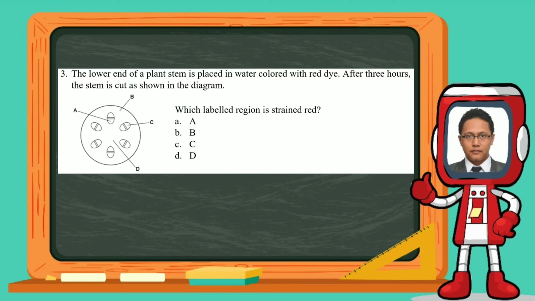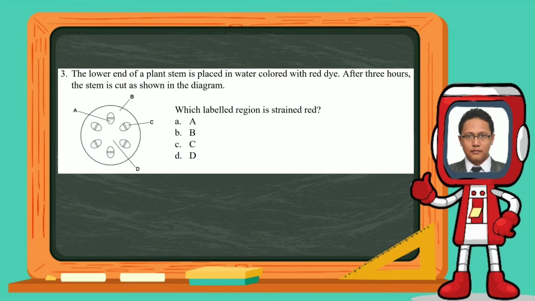Question number 3. You were asked to predict which part of the stem will turn red as the stem is put into colored water. To answer that, we have to know which part of the stem is responsible for carrying water from the roots to the leaf. What is the answer?